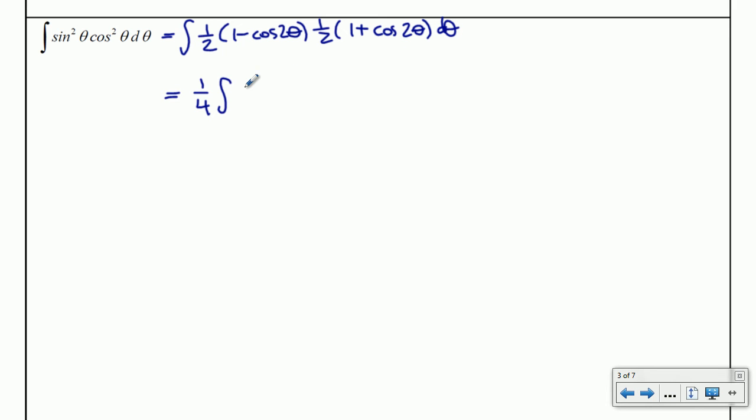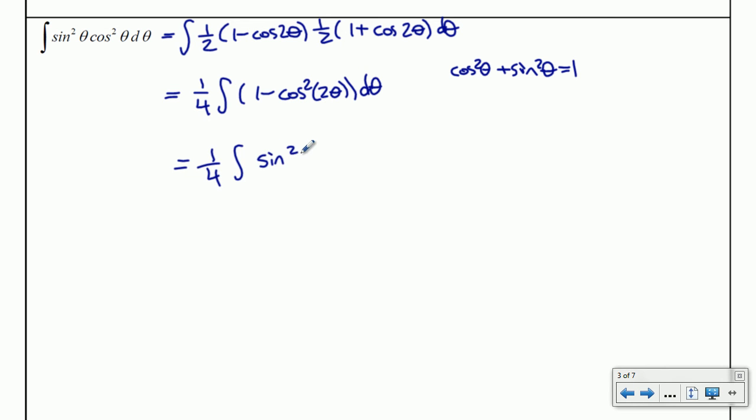So that would eventually give us 1 minus cos squared of 2 theta. And we can use the identity cos squared theta plus sine squared theta equals 1. So therefore 1 minus cos squared of 2 theta would equal just sine squared of 2 theta. So we would have 1/4 sine squared 2 theta d theta.